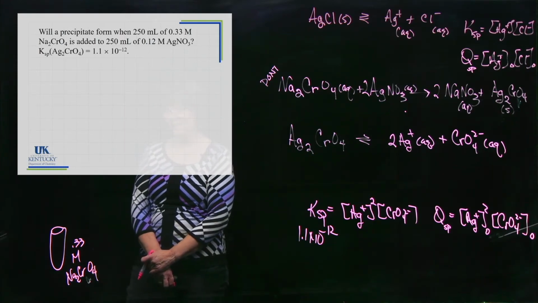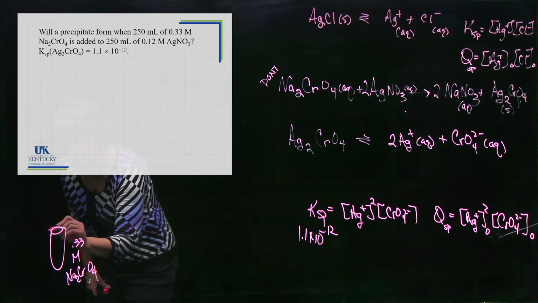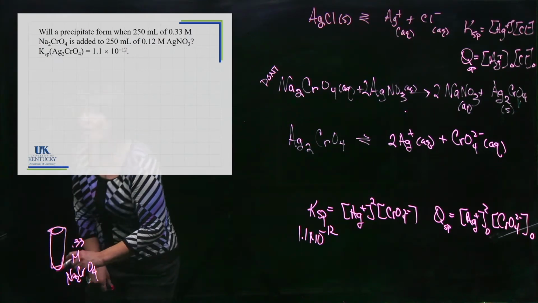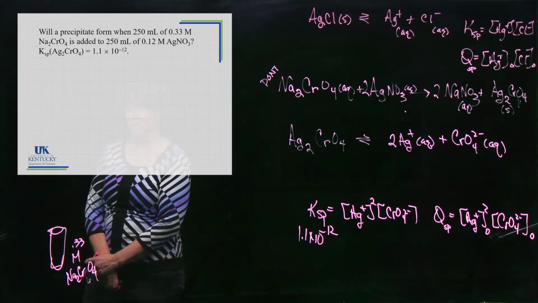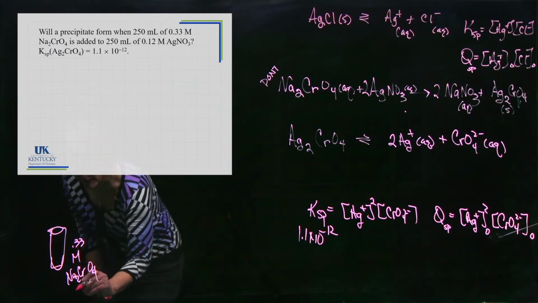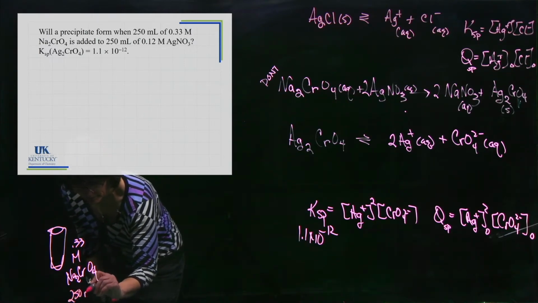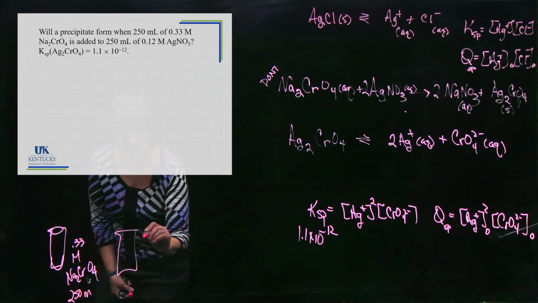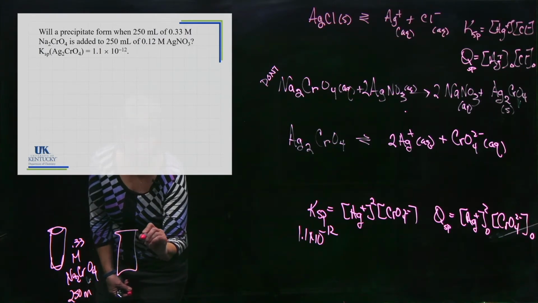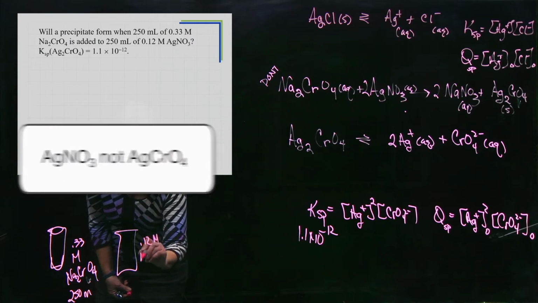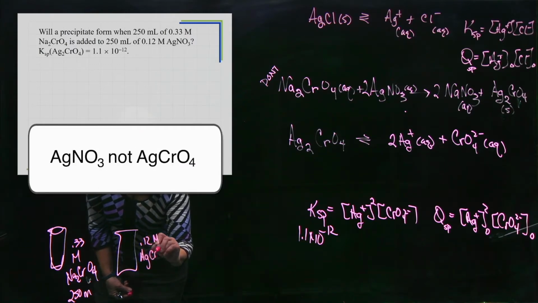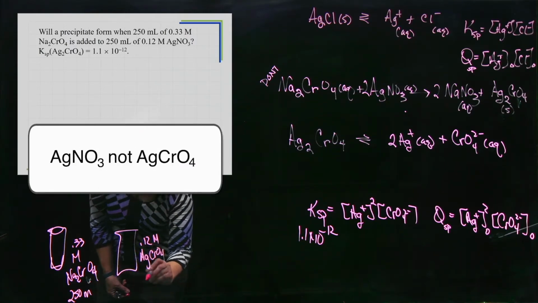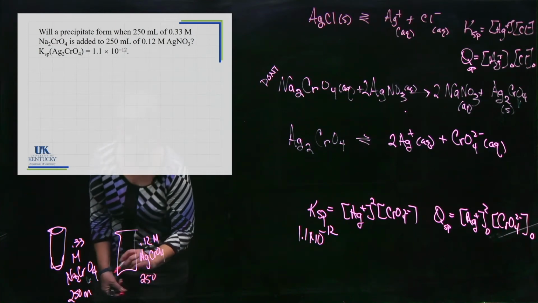It is not a test tube, it's a beaker, so we're going to give it a beaker look now. How do I know it's a beaker? Because it's 250 milliliters, there's a lot of it. And then I've got myself another little beaker, and in this beaker it is 0.12 molar silver chromate, and I have 250 milliliters of it.